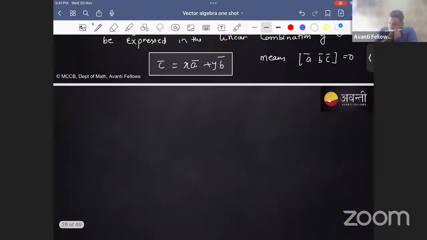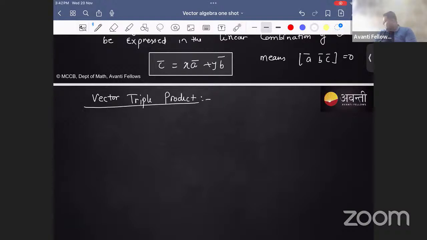Now comes the vector triple product. Now see, what does this say in vector triple product?